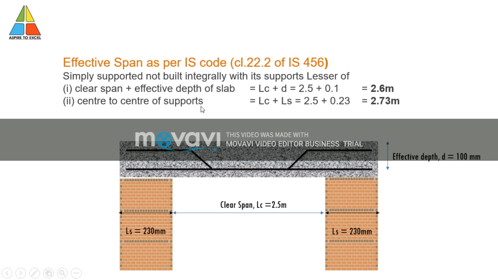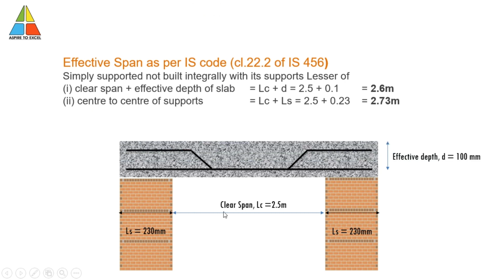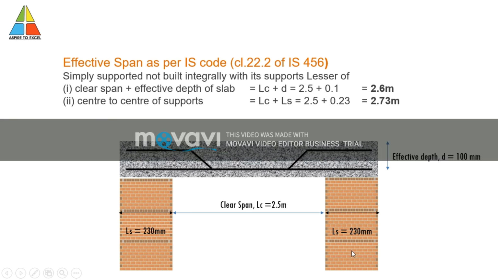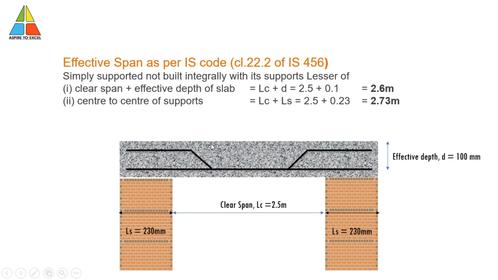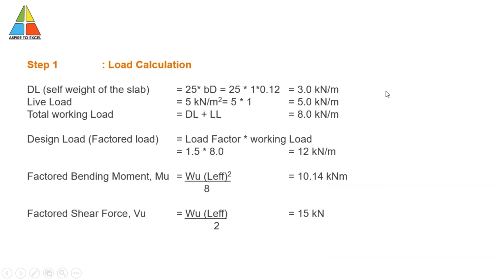And center to center of the support: the clear span is 2.5 meter, length of support is 230 millimeter, so the center to center distance is 2.5 plus 0.23 by 2 plus 0.23 by 2, which works out to be 2.73. So what is the criteria? The effective span would be the lesser of the two, so our effective span would be 2.6.